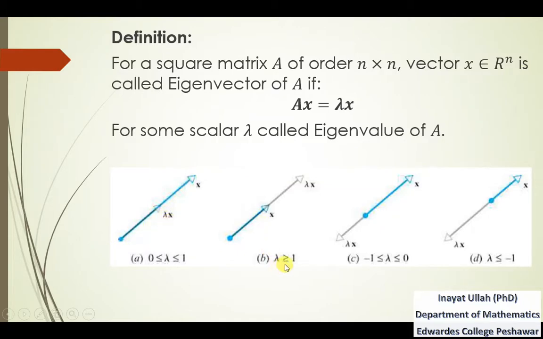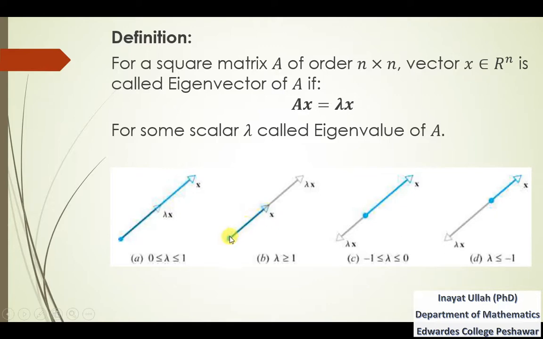And whenever lambda is greater than 1, it will increase the size of the original vector. That is the length of the original vector x. Lambda greater than 1 means, for example, 2, 3, 4, and so on. Whenever you multiply 2 with this x, it becomes 2x.